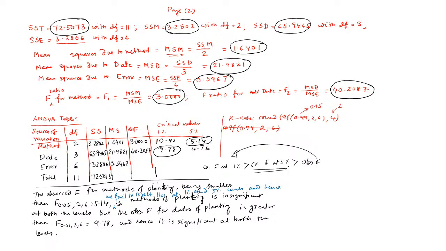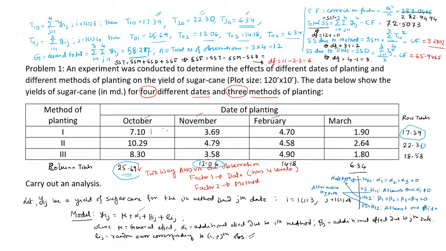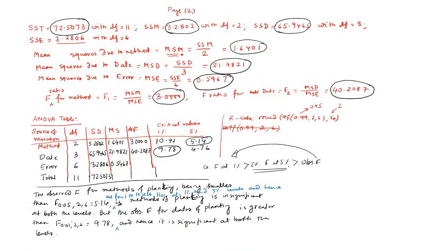Here H naught 1 corresponds to the method. And here the observed F is greater than 9.78. This means we reject H naught 2 at 1% and 5% levels, and hence it is significant at both the levels.